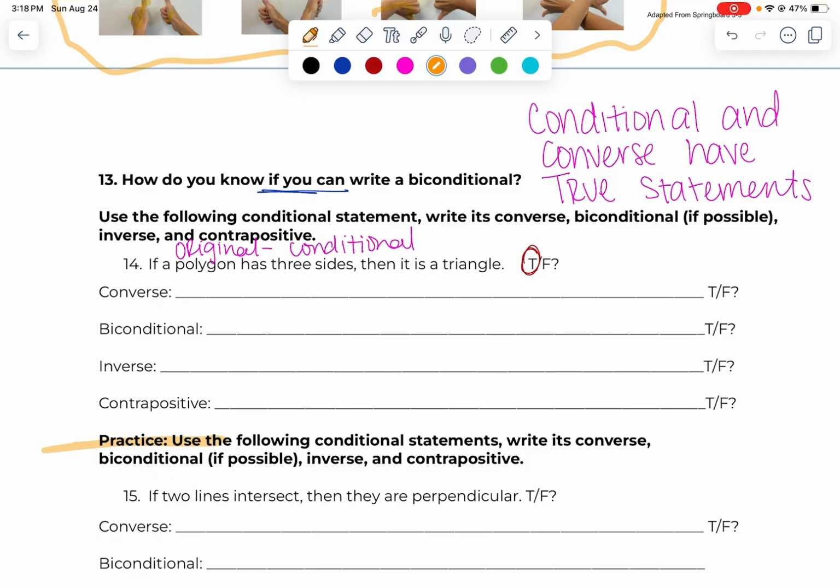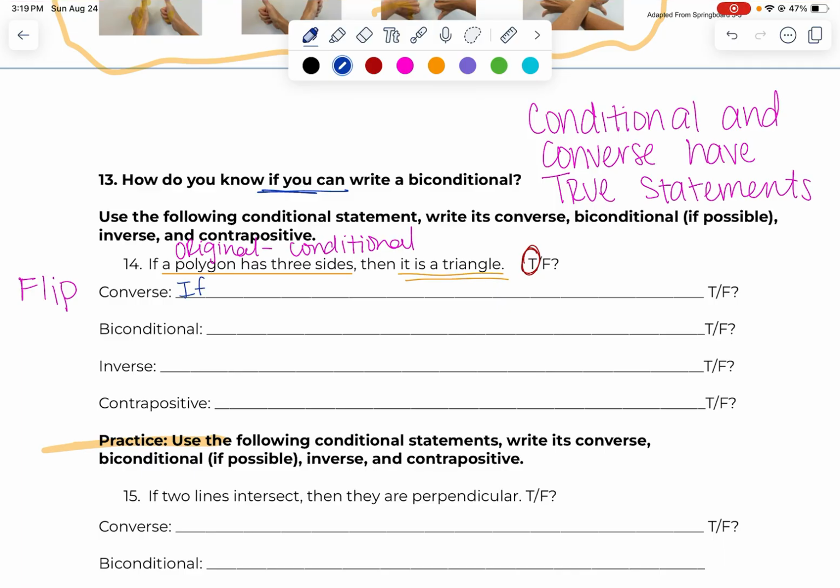So now we're going to go in, we're going to identify our hypothesis and our conclusion. After the word if is the hypothesis. After the word then is our conclusion. So a polygon has 3 sides. That's the hypothesis. It is a triangle is the conclusion. So converse means flip. We're going to flip the hypothesis and conclusion.